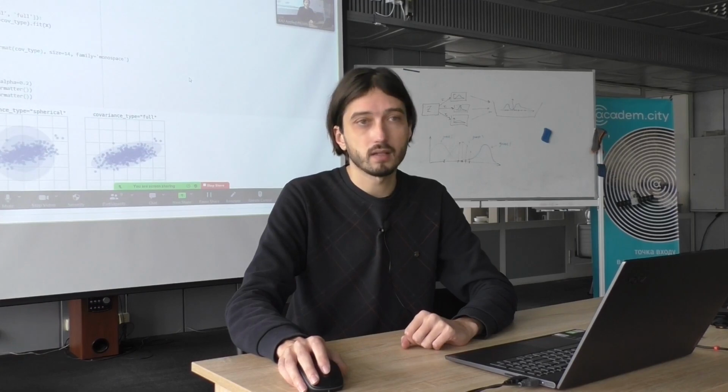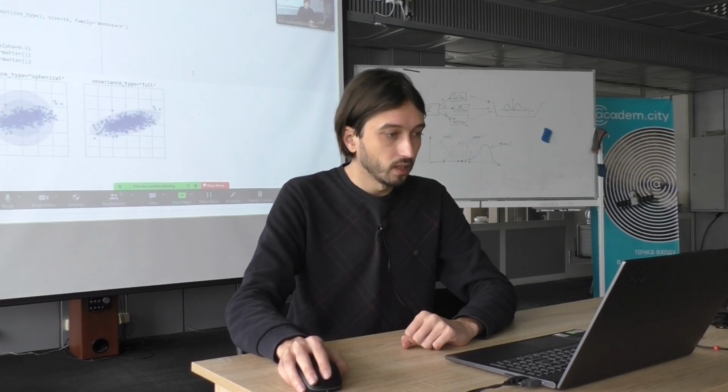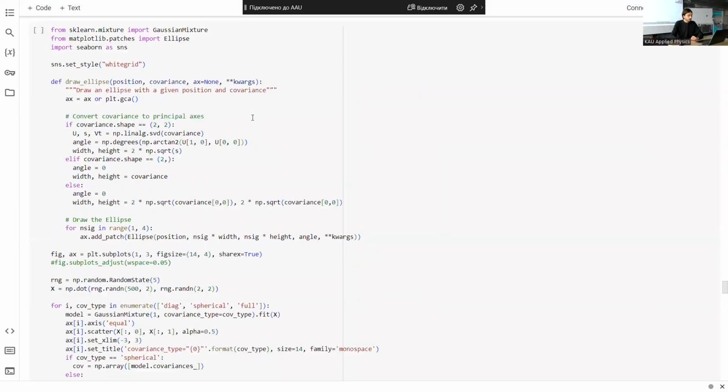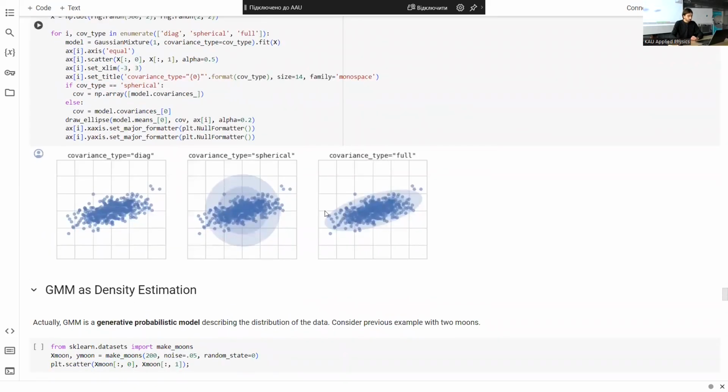And I can do that. I have a very convenient parameter to make that. It's called covariance type. And let me show it in here. When I'm creating that Gaussian mixture, I define the number of components, and I can define the covariance type. And this covariance type can be either full.